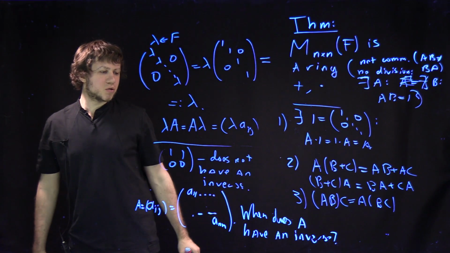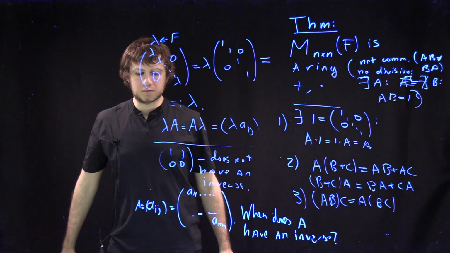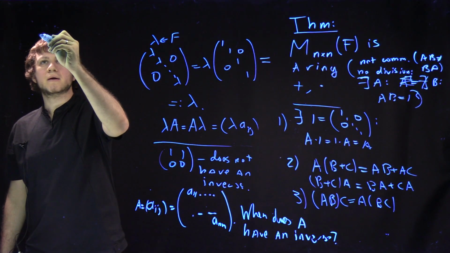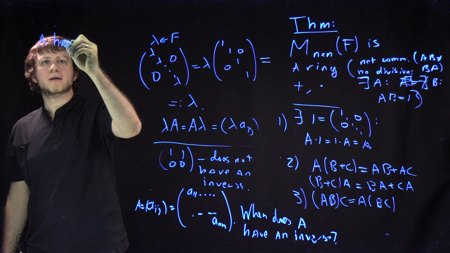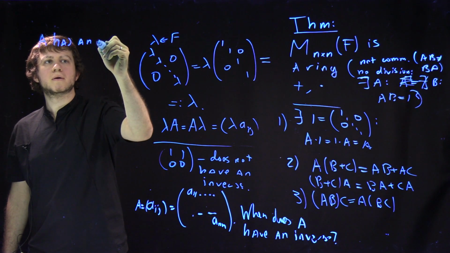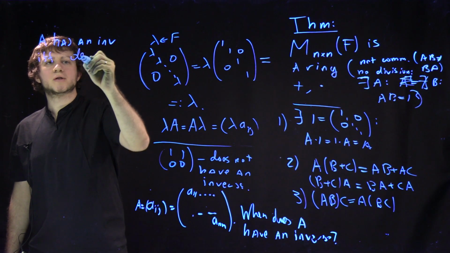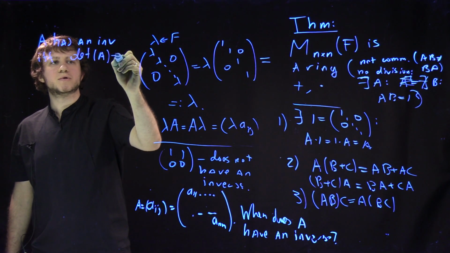And the answer is that there is something called the determinant. A has an inverse if and only if the determinant of A is not equal to 0.